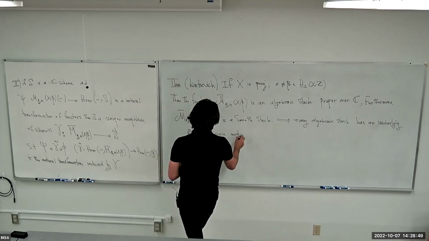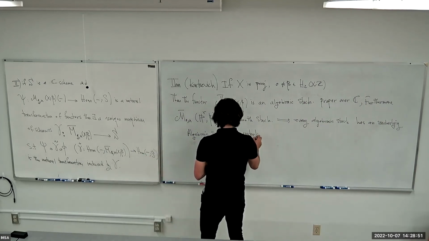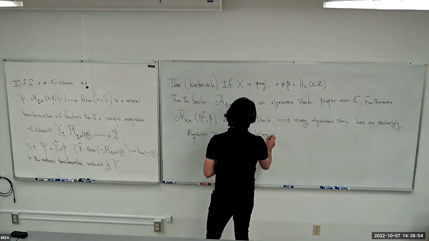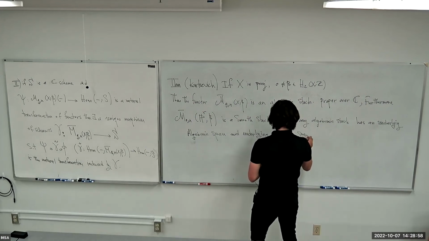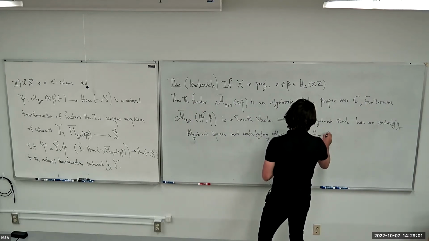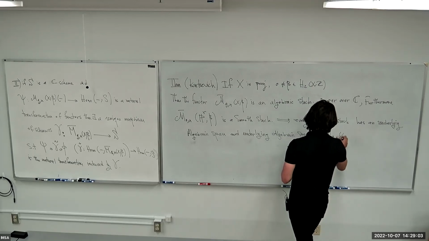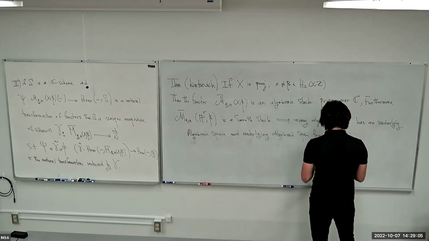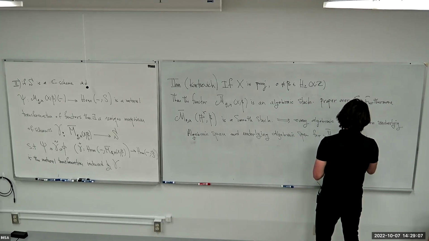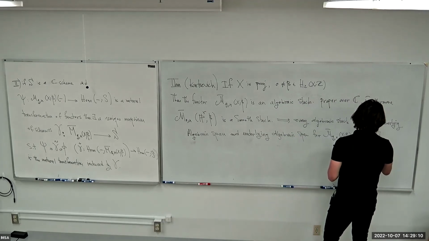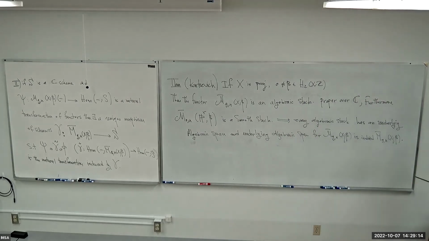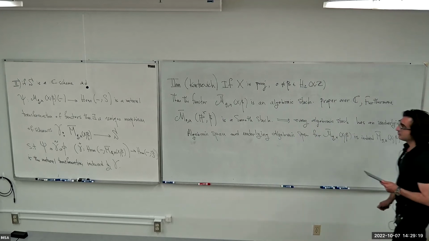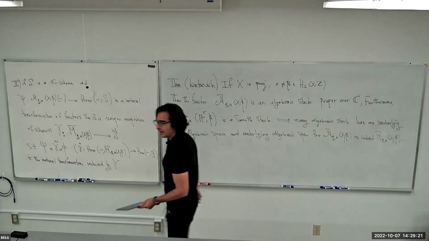And the underlying algebraic space for M_{g,n}(X, beta) is indeed the coarse M_{g,n}(X, beta). Okay, this is an algebraic stack.